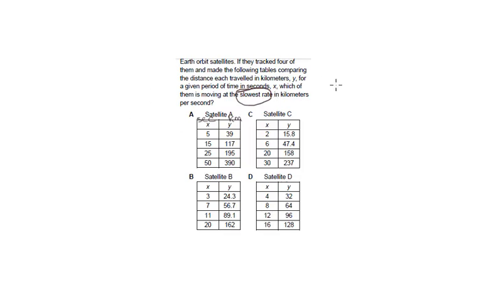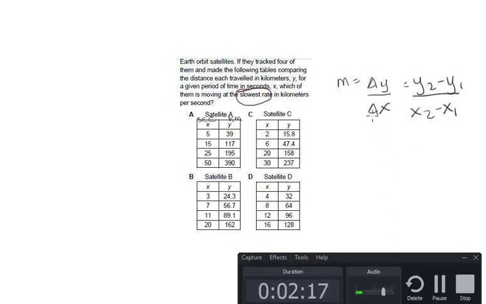Our formula for slope is either the change in Y over the change in X, or the slope formula that's given in our STAR reference sheet, where we're taking the difference of the Y coordinates over the difference of the X coordinates, same thing.